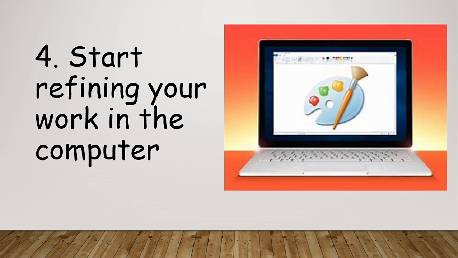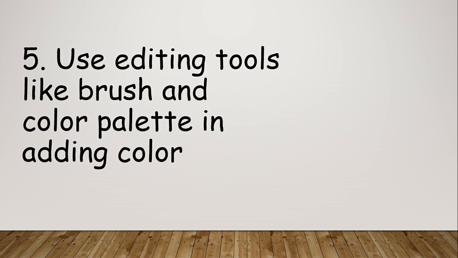And step 5, we're going to use the different editing tools like brush and color palette, because as I have said in the first lesson that we had, putting color makes more life in an art.